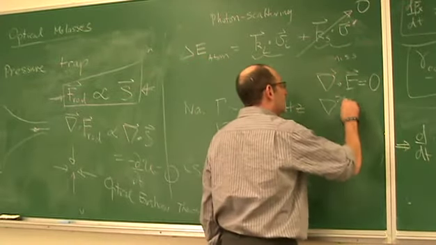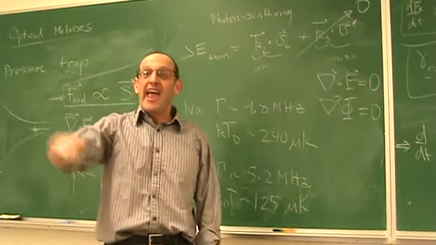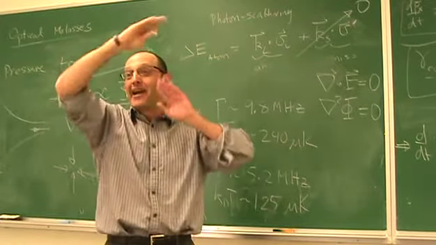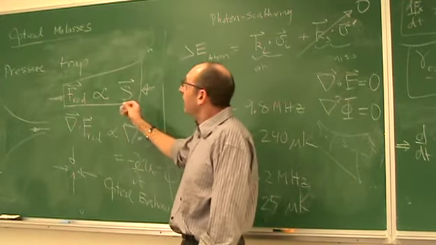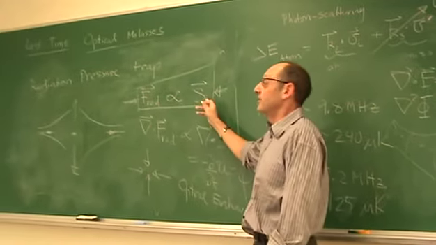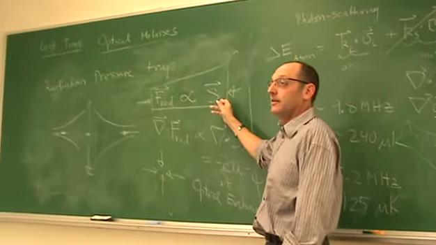And I always have a saddle. Wherever I might have a trap in one direction, I'll always have an anti-trap in the other direction, a kind of saddle potential. The same thing is true for a radiation pressure trap if the radiation pressure is proportional, which it is classically, to the Poynting vector.